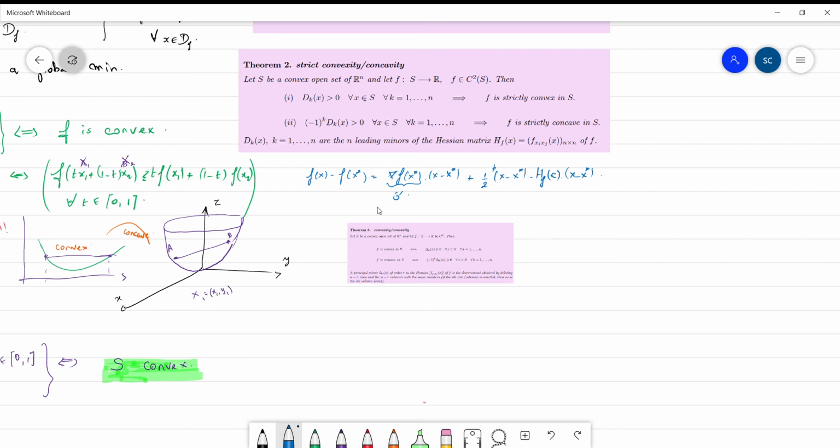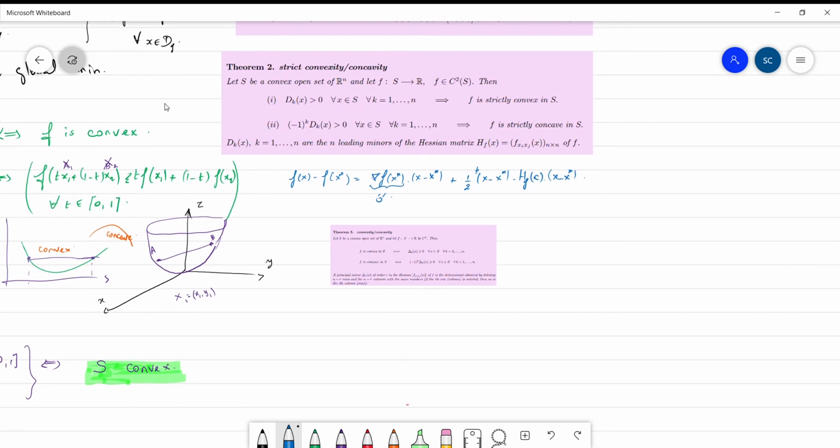Okay, so this is about strict convexity. But if you look here, we didn't really need a strict positivity, we need just large. So this criterion is more restrictive.